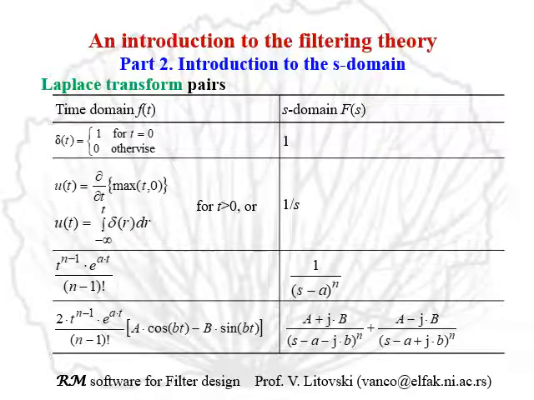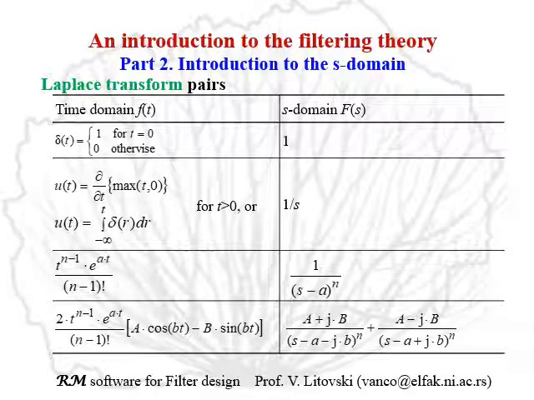Here are some Laplace transform pairs. The first one is the delta function, which is a unit pulse of zero duration, located at t equals 0.